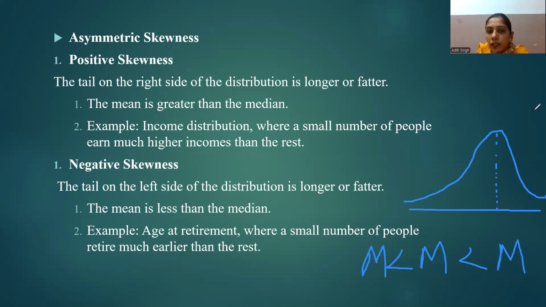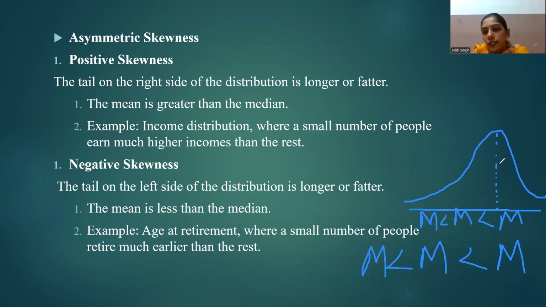The tail on the left side of the distribution is longer or fatter, in which the mean value is lesser than the median value, and it is lesser than the value of mode.